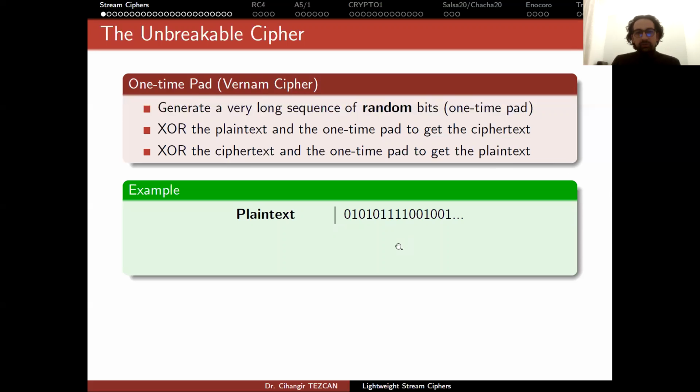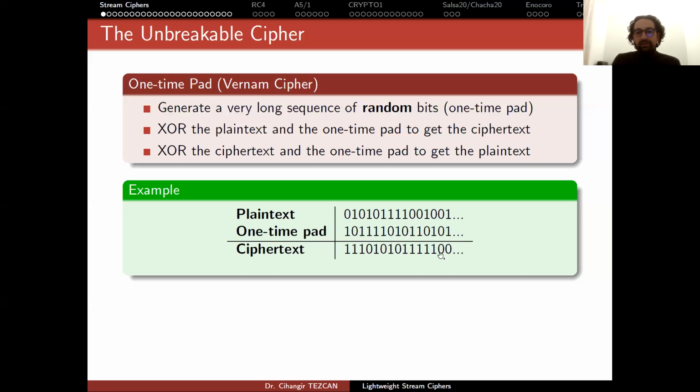If you don't know what an XOR operation is, it is short for exclusive OR operation, which is actually addition modulo 2. So assume that you converted your plain text into zeros and ones. Then you randomly generated a one-time pad, which is again zeros and ones. What you do is perform an addition operation column-wise where you don't have any carry bits.